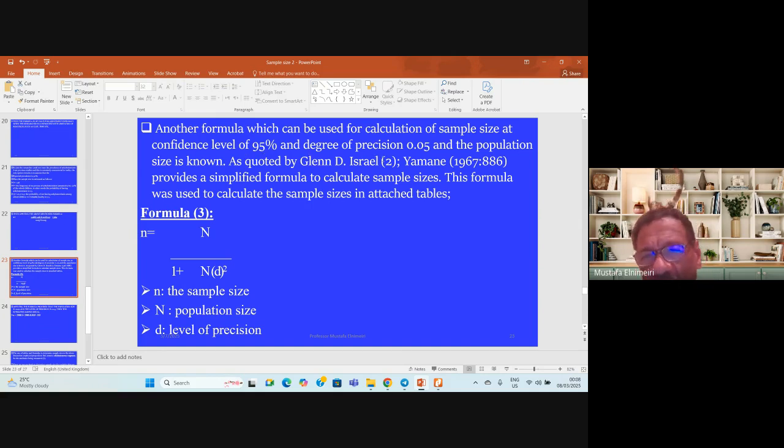And another formula that can be used for calculation of the sample size at confidence level of 95% and degree of precision of 0.05, where the population size is known, is quoted by Galen Israel in his famous article, and we provide a simplified formula to calculate sample sizes. This formula is used as follows: n is the sample size, the total population is known for us, which is the capital N, and d is the level of precision.